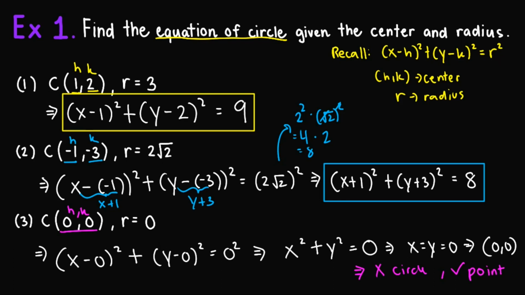Take note of that one, that whenever we have the radius to be 0, then we can't have a circle with that, since imagine if this is the graph and this is the point, then there is no distance, then it's just a point, just the center. So yeah, take note of that, and these are our examples for the first one.